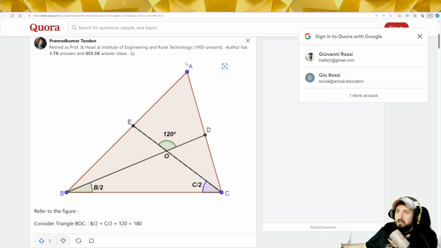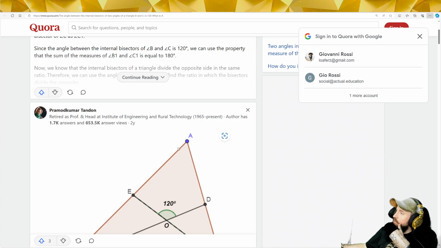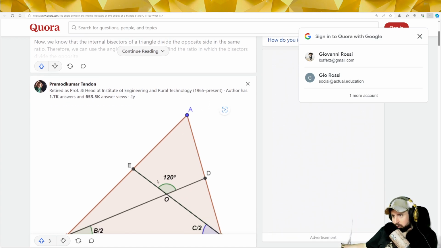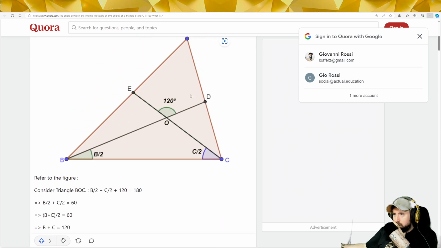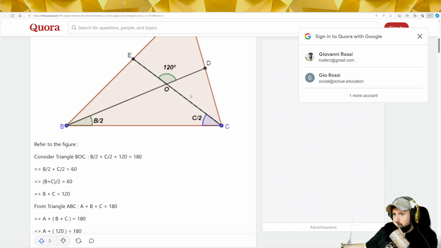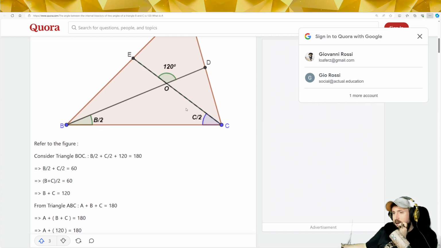Okay, this is interesting. Oh, is this kind of like the circle theorem where the angle is half of what the outer one is? I feel like it kind of is. But why is that? Oh, but these cut these in half. Okay.